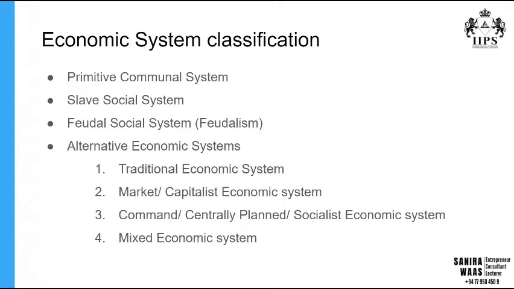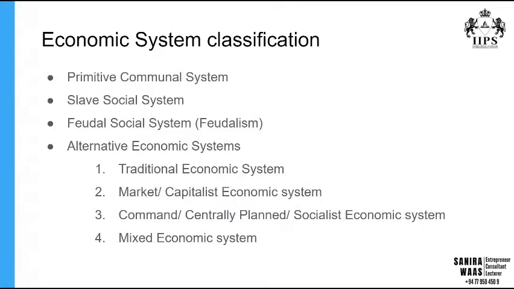Economists and the different schools of economics have identified these few as the main economic system classification or the varieties of economic systems. The first one is the primitive communal system. The second one is the slave social system. The third one is the feudal social system or feudalism, and then the alternative economic systems.